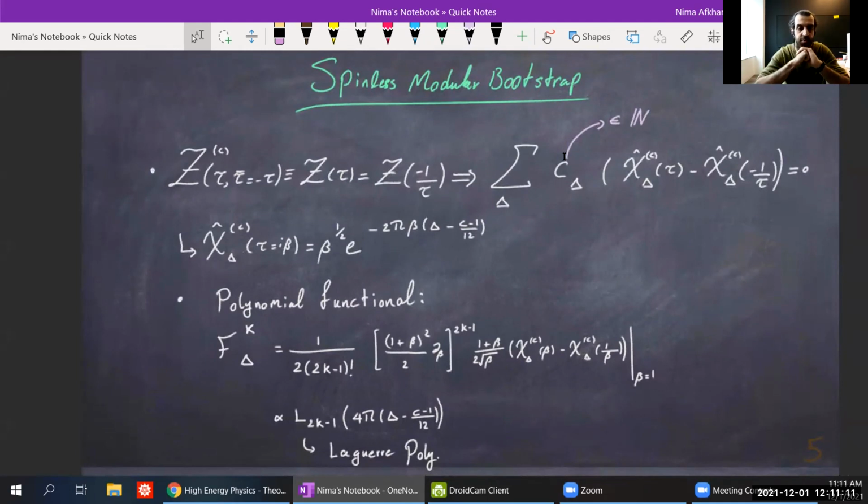It arises when you try to consider the torus partition function of a 2D CFT, and you set the modulus tau bar to be minus tau. When you do this, the expansion that appears will have no dependence on the spin. All the h minus h bar drop out, and you just end up with h plus h bar. So this is a relatively simple, tame problem. It's a one-dimensional problem in a sense that I'll describe in a bit.